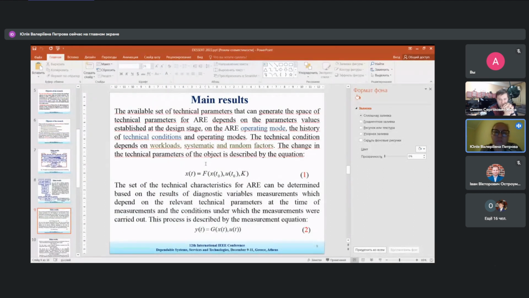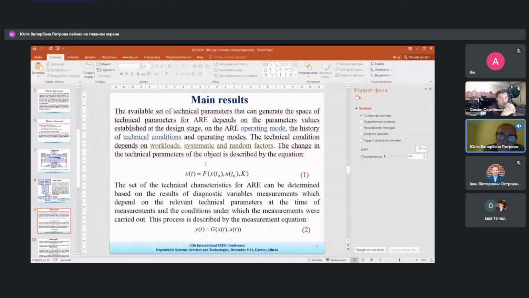The available set of technical parameters that can generate the space of technical parameters of aviation radio equipment depends on the parameter values established in the design stage, on the operating mode of our equipment, and other modes. The technical condition depends on workloads, systematic and random factors.